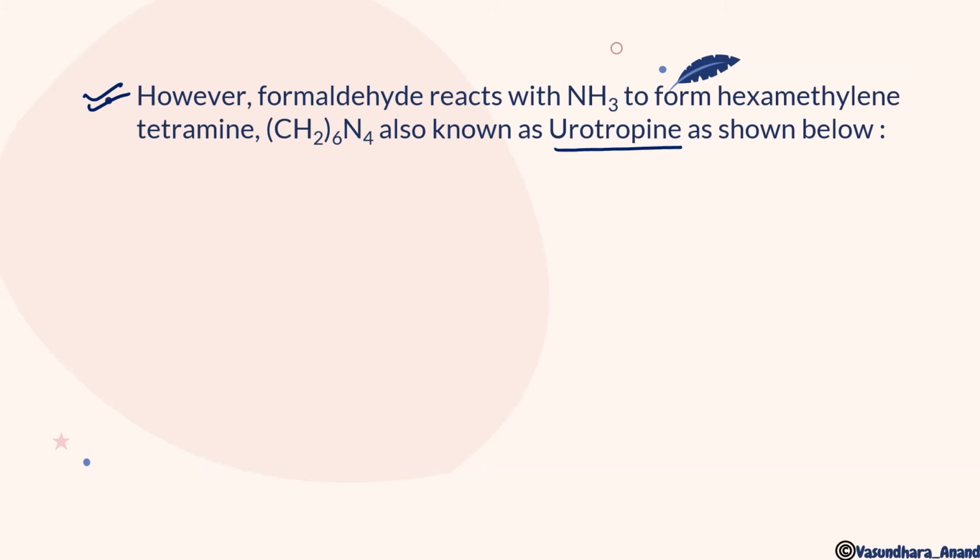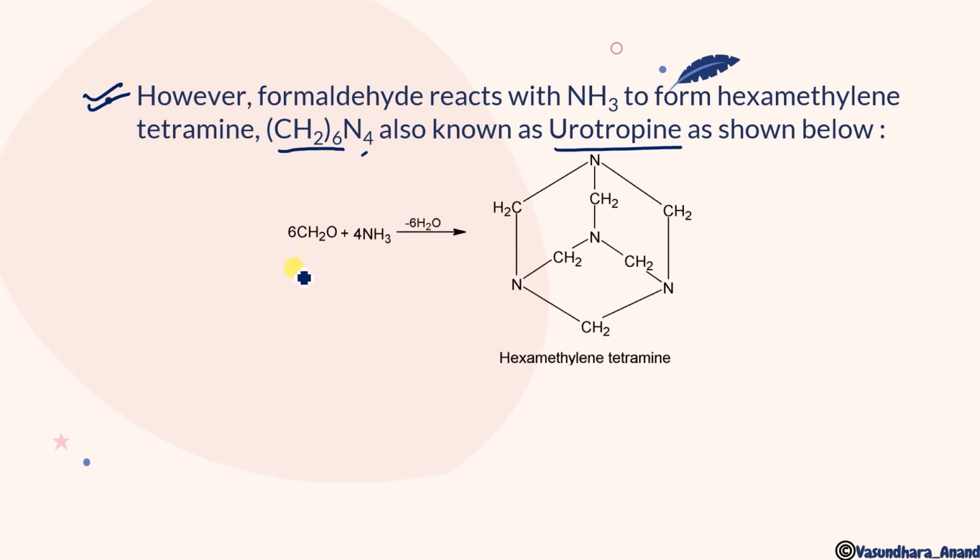Urotropin's formula is (CH2)6N4, that's why it is called hexamethylenetetramine. When ammonia and formaldehyde react, 6 moles of formaldehyde react with 4 moles of ammonia, and 6 water molecules will go out, forming hexamethylenetetramine, and this is the structure. How to learn? Make the cyclohexane structure, and put carbon and nitrogen alternately.